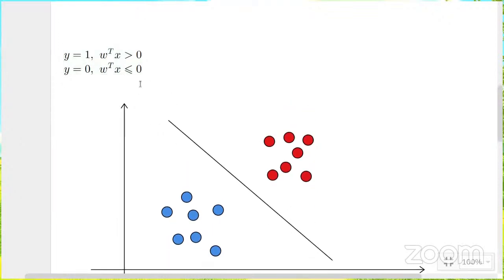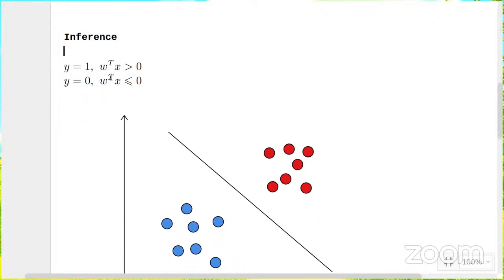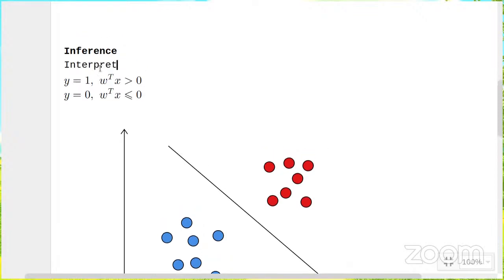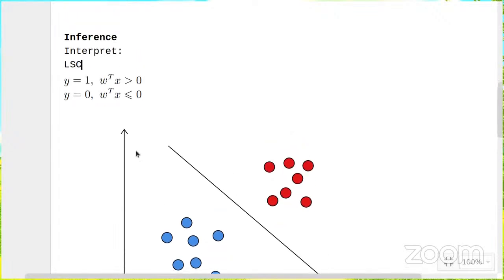This is what perceptron does. Again, what stage of the process is this? This is inference. Once you have learned a w, you are trying to infer the class from your model. So the model is not actually returning you anything. It's only returning you some scalar value called w transpose x, and you choose to interpret it this way. So there is some interpretation that's happening. This is what LSC does, and this is what perceptron does.